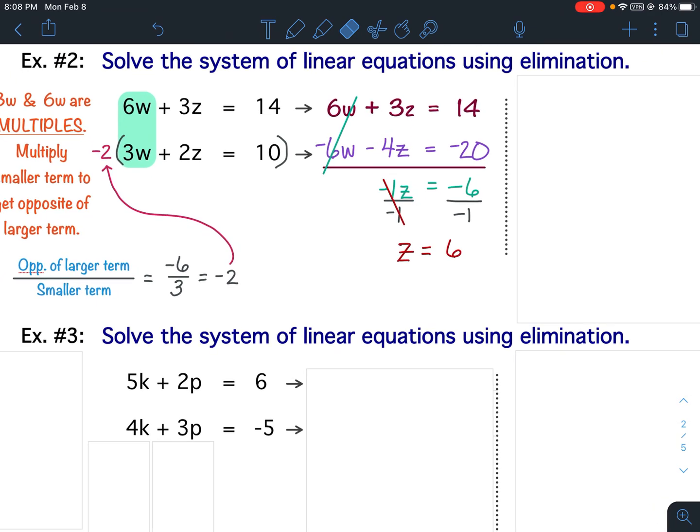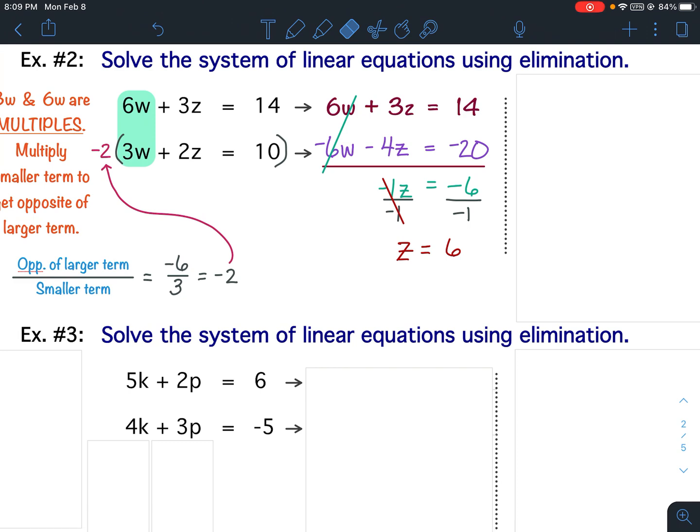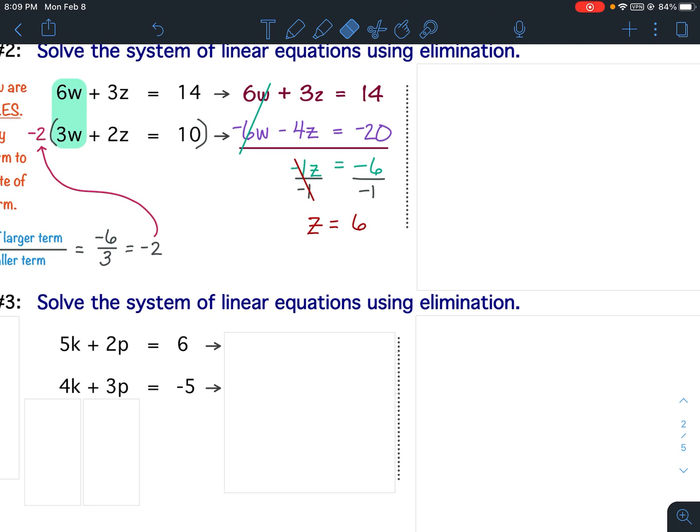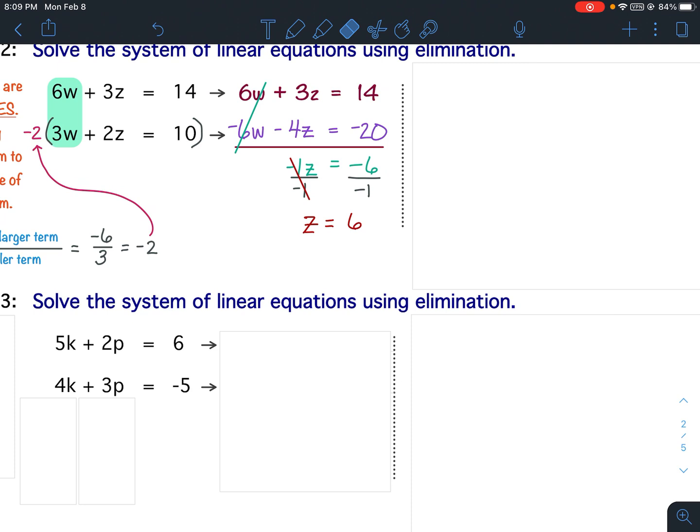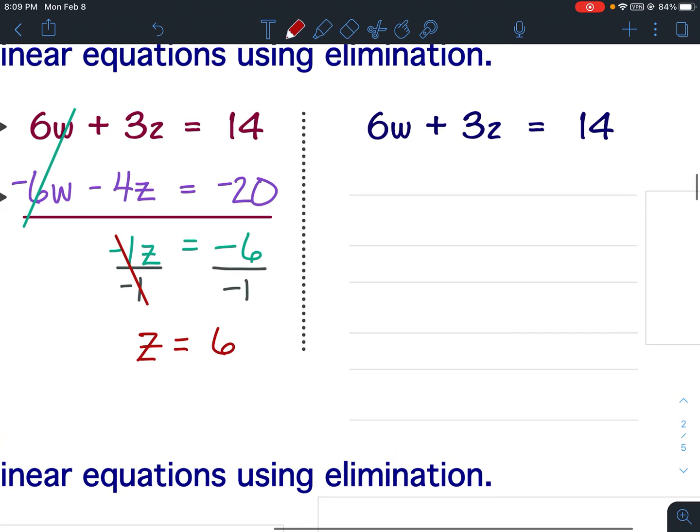Okay, so now we need to pick an equation, plug the z back in, and solve for w. So let's use the top one. Again, you could use any one of them. I just chose the top one at random. All right, so I solved for z. So where the z is, I'm going to put parentheses.